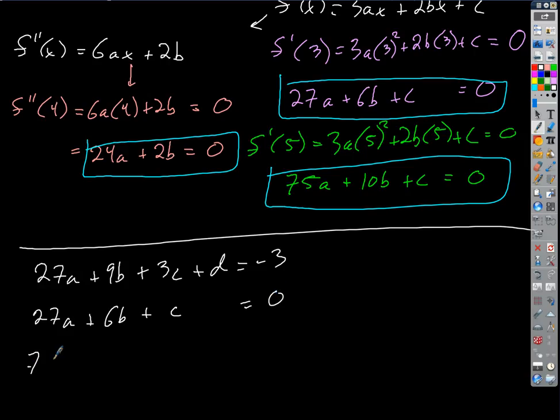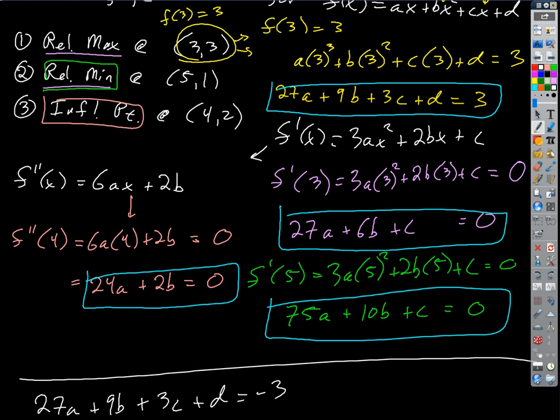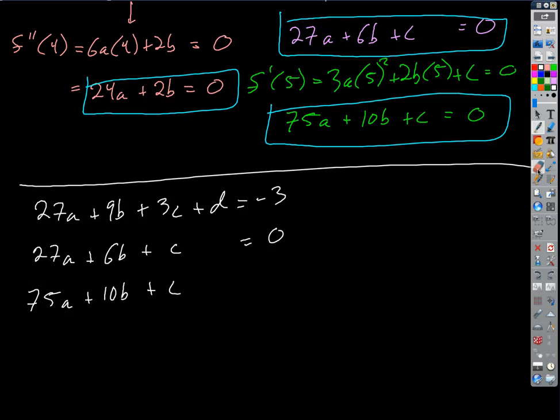Another equation, call that equation 3. Why did you change the first one to -3? Did I do something bad here? The first equation was -3. Wasn't it? Oh, it's positive 3. Yeah, you're right. It's a good question. And then our last one's right there.